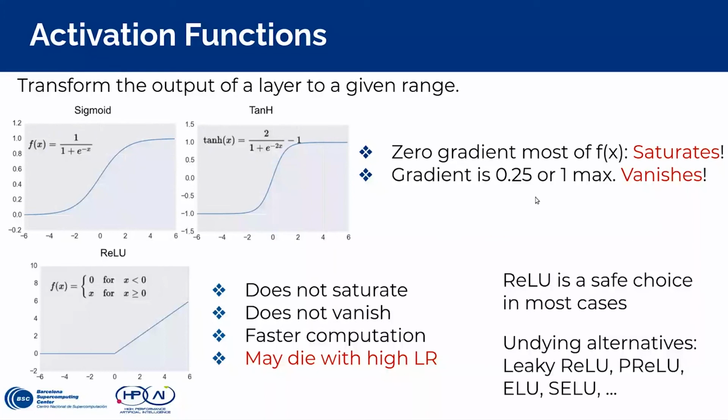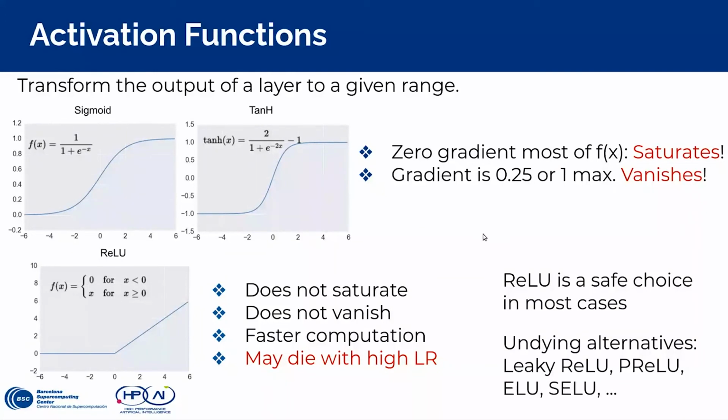And if we keep multiplying values that are between 0.25 and 1, we'll end up with a value very, very close to 0. Because, well, that's how math works. So essentially, this will banish our gradient. By the time the gradient reaches the early layers, the layers closest to the input, we'll have a very small gradient, and these layers won't be able to learn. So this is the vanishing gradient problem.